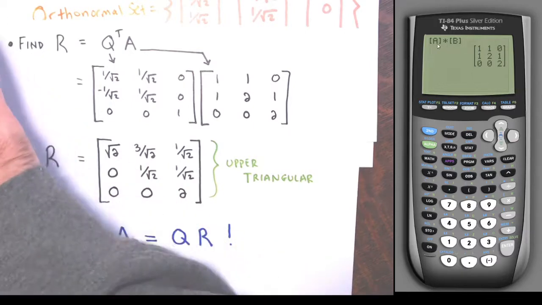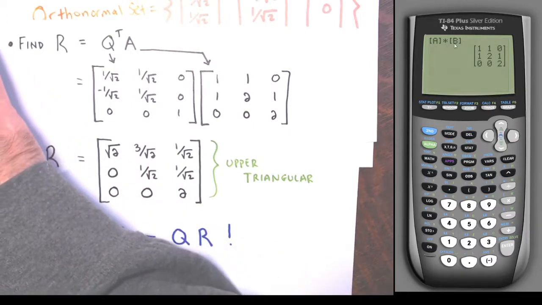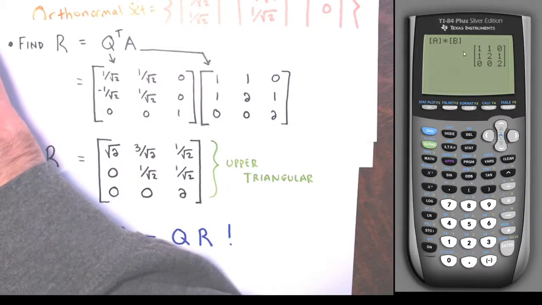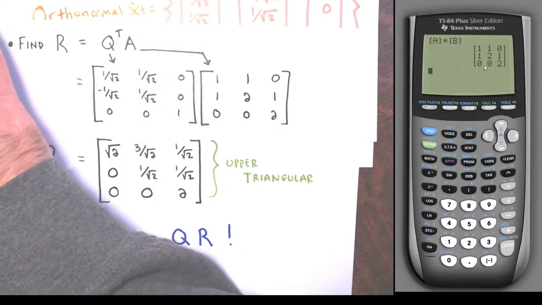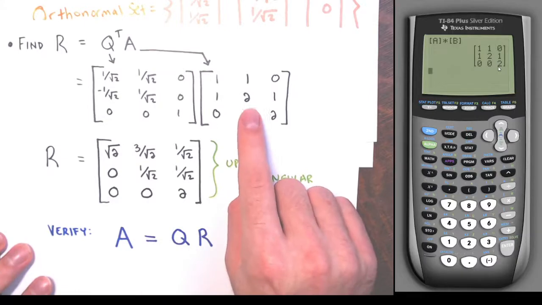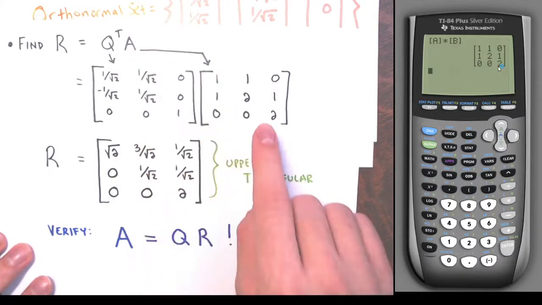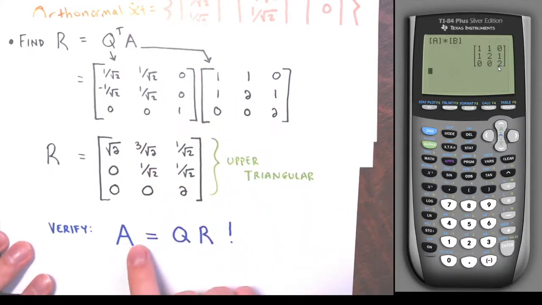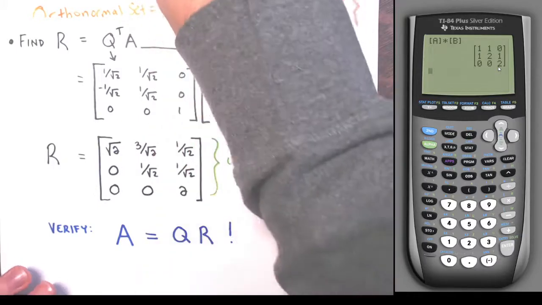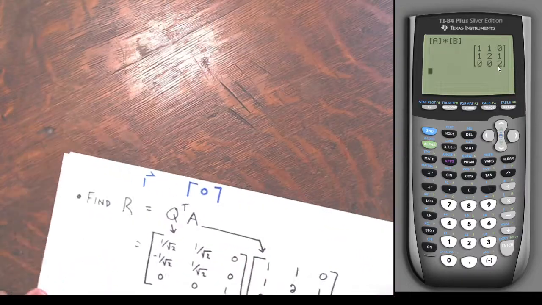And you see that Q times R, which on my screen is A times B, is the matrix 1, 1, 0, 1, 2, 1, 0, 0, 2. That was matrix A, see? So we do indeed have A equals this matrix with orthonormal columns multiplied by this upper triangular matrix. Great. We have found the QR factorization.